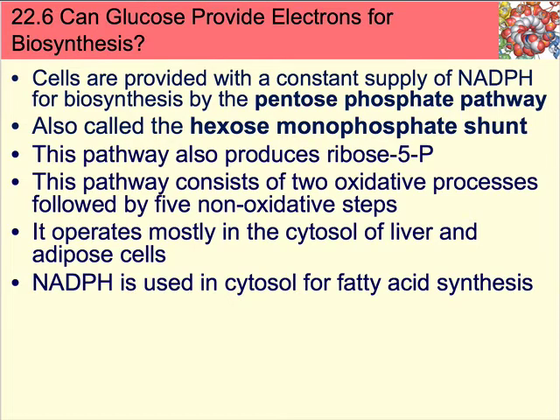This pathway also produces ribose 5-phosphate, and the pathway consists of 2 oxidative processes followed by 5 non-oxidative steps. It operates mostly in the cytosol of liver and adipose tissue. Adipose tissue is fat cells, essentially. NADPH is used in the cytosol for fatty acid synthesis, as we'll see in chapter 24.